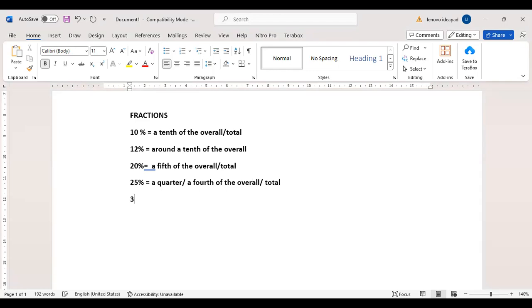Then 30% is not exactly a third because 33 is a third, so around a third of the overall or total. 50, what is the fraction of 50? Correct, a half. Half of the overall.